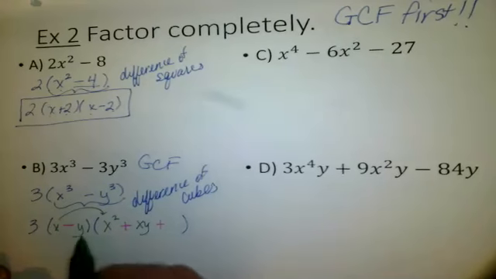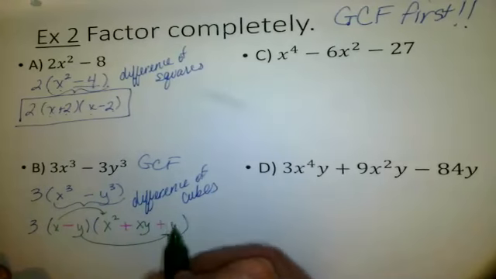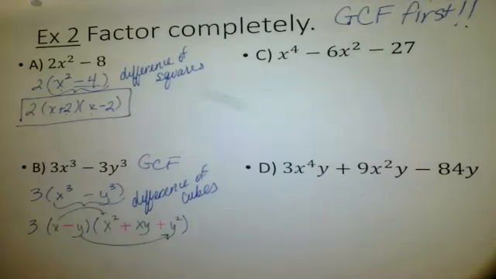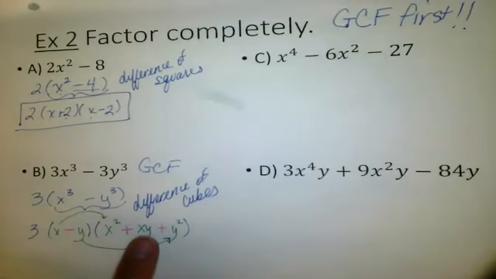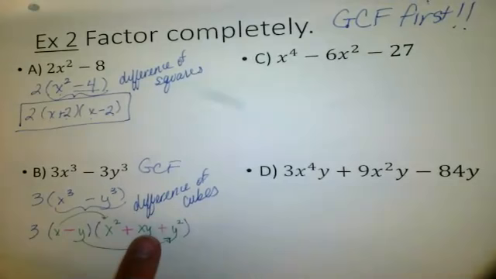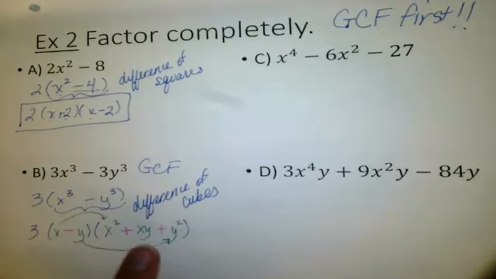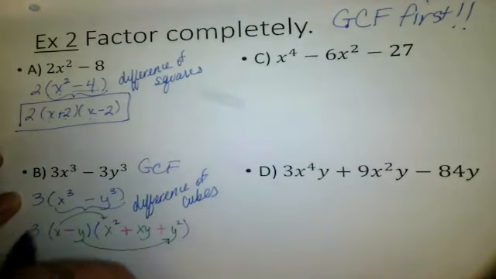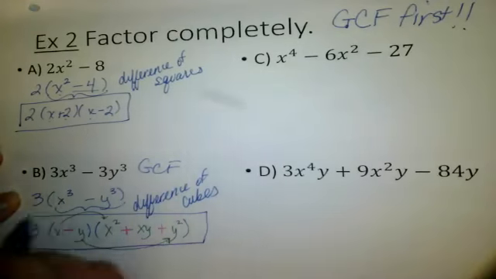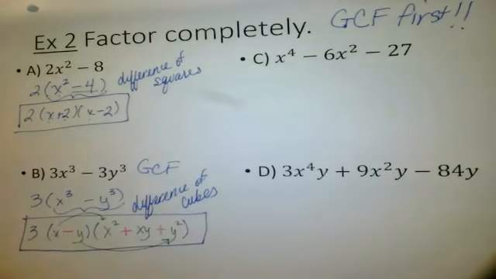Multiply in the middle, and y squared, square the last. You will never be able to double bubble that trinomial. Ever. It doesn't go any further. So that's kind of nice to know. When you use that pattern, it's done. So that is fully factored.